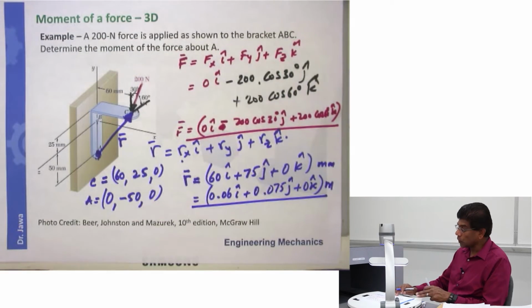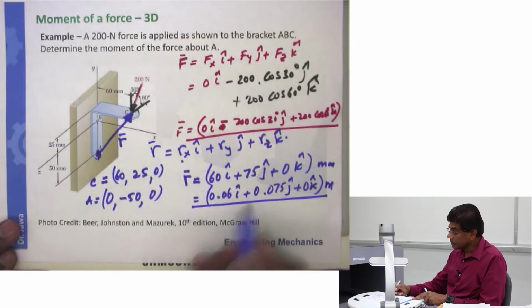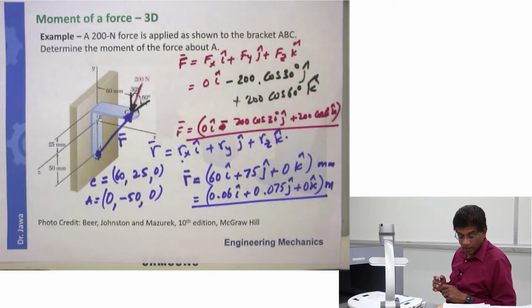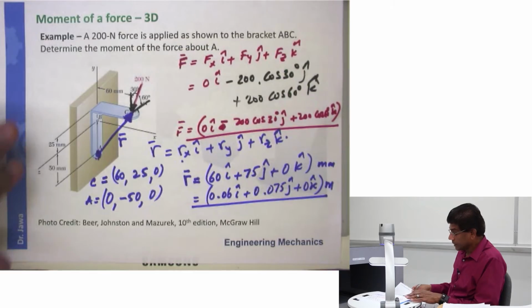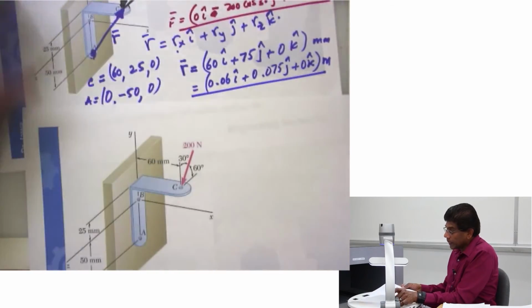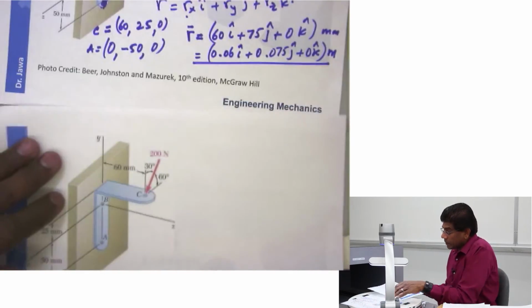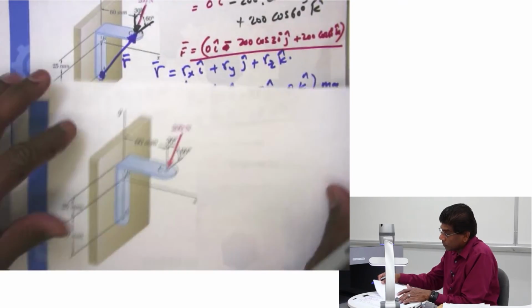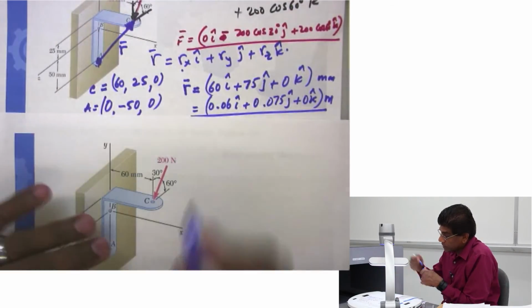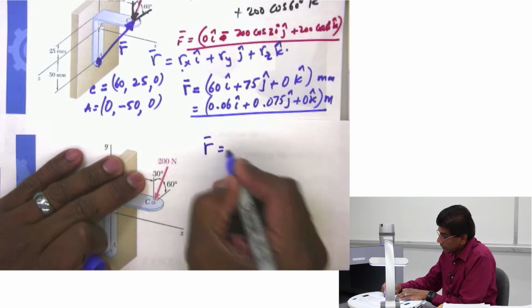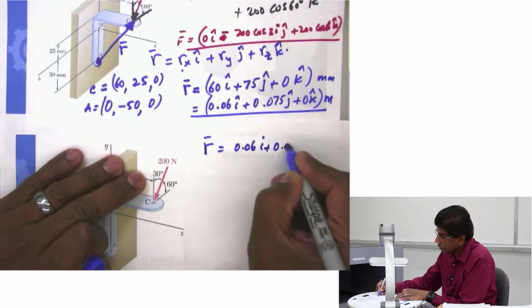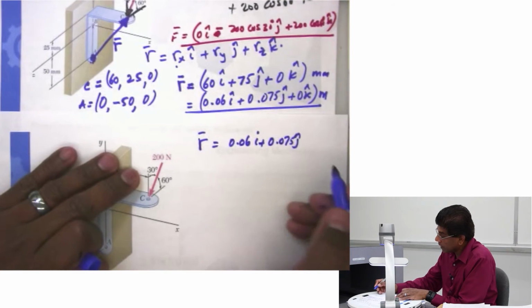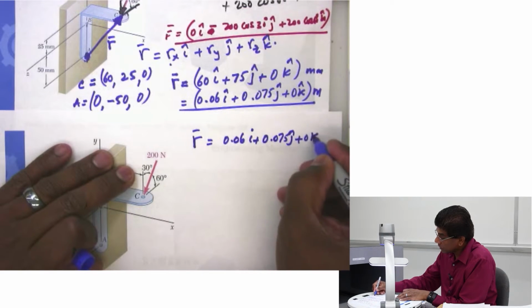So I have my force and position vector written in Cartesian vector form, and if I have that, then all I have to do is find the cross product. So if I go back to my problem, I'm going to rewrite these. R is 0.06 i plus 0.075 j plus 0 k.